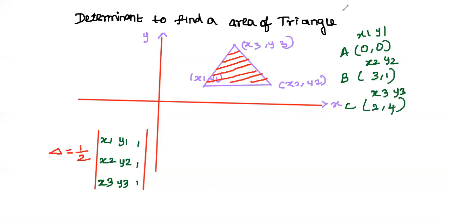So now we have to substitute in the determinant formula. So it is half into x1, x2, x3. So x1 is 0, x2 is 3, and x3 is 2. And what about y1, y2, y3? It's 0, 1, 4. So you will write 0, 1, 4 in the second column. At last you just have to write the 1s as they are.